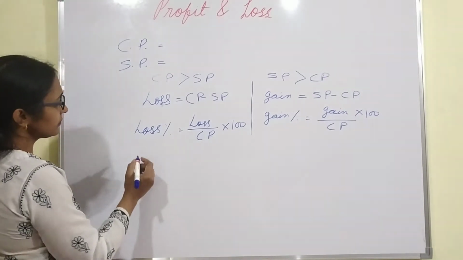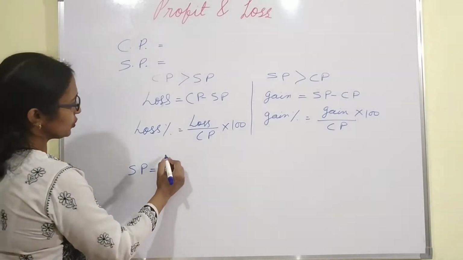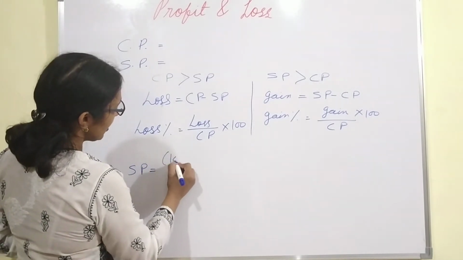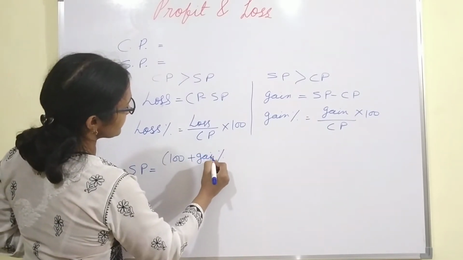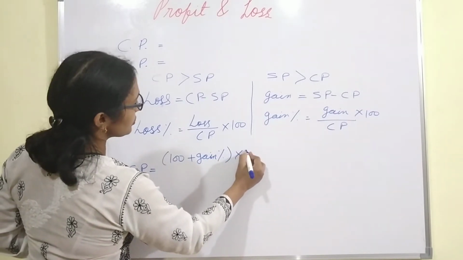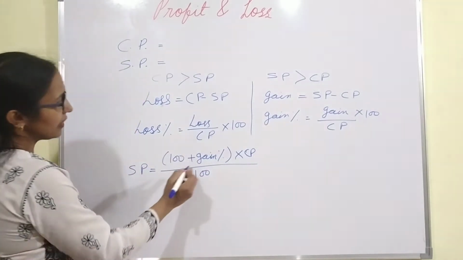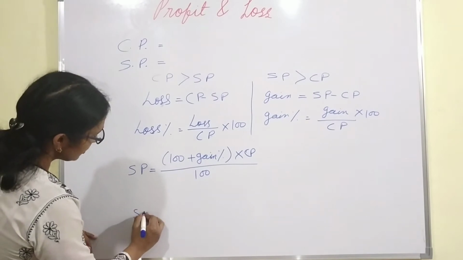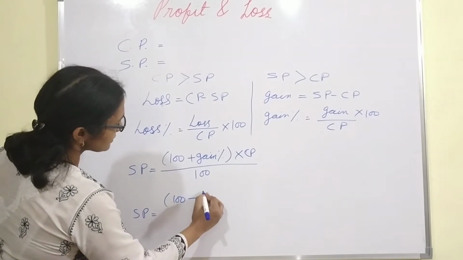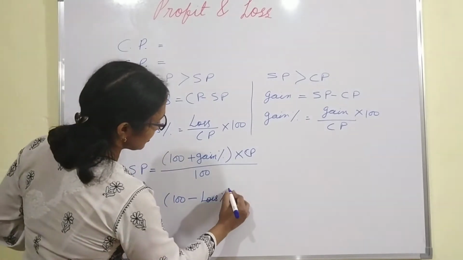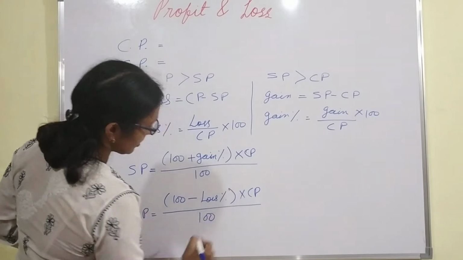Now more formulae. SP equals (100 plus gain percent) into CP upon 100, and if there is loss, then SP equals (100 minus loss percent) into CP upon 100.